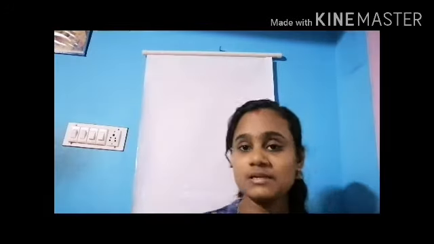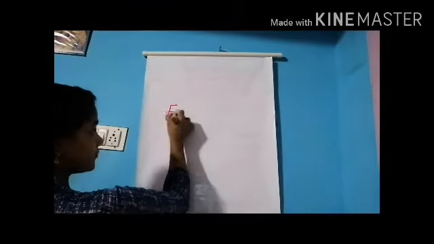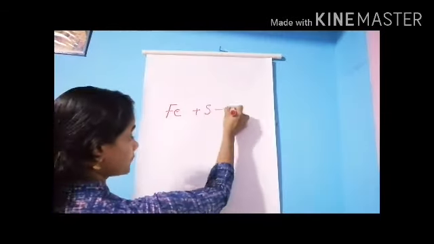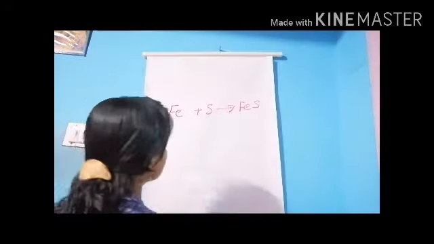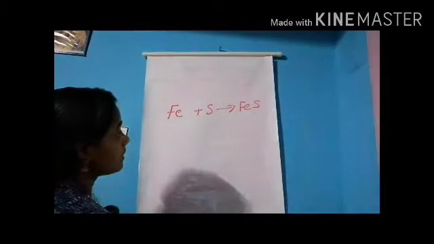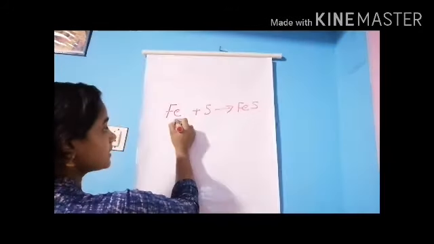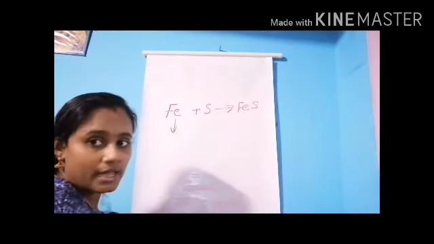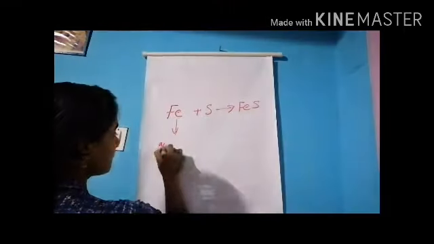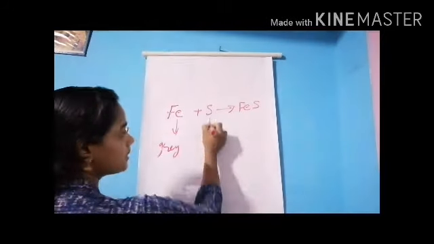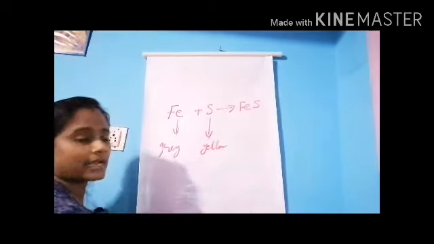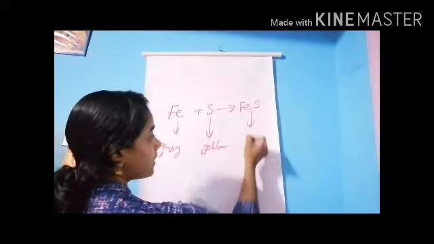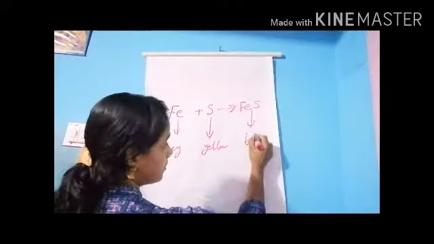One more example: iron sulfide. Iron, Fe, reacts with sulfur to form iron sulfide. Iron is a grey black or brown metal. Sulfur is a yellow non-metallic solid. Iron sulfide is a black solid.